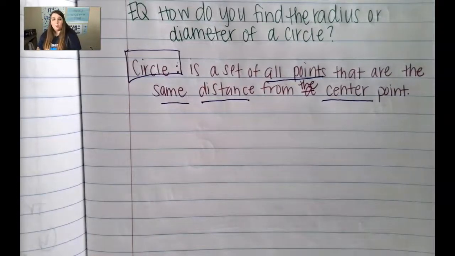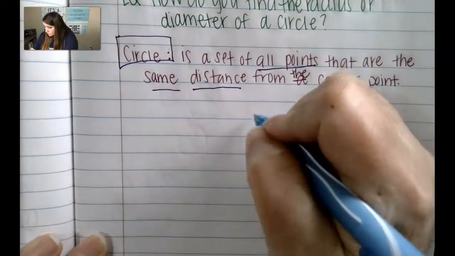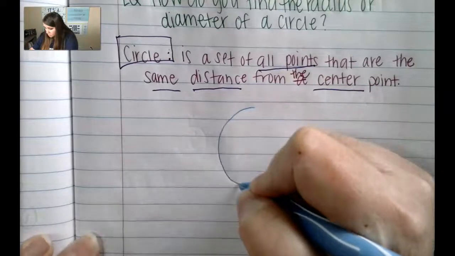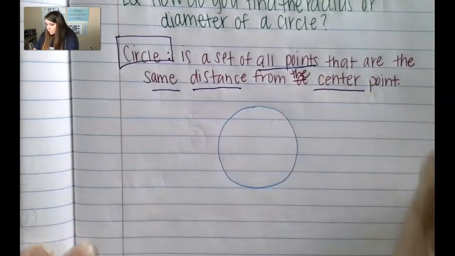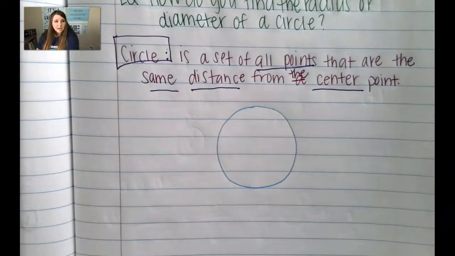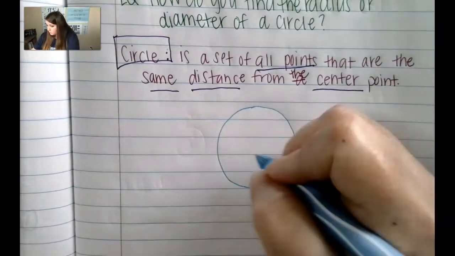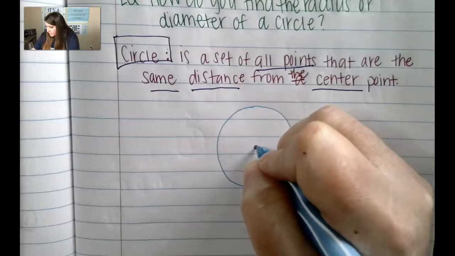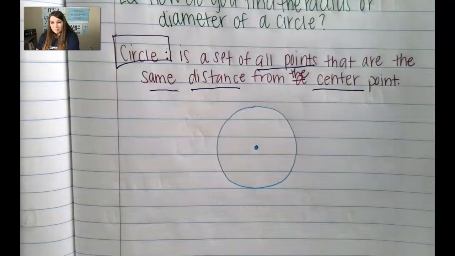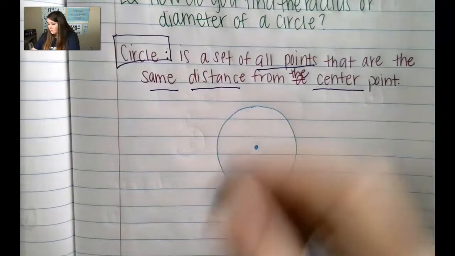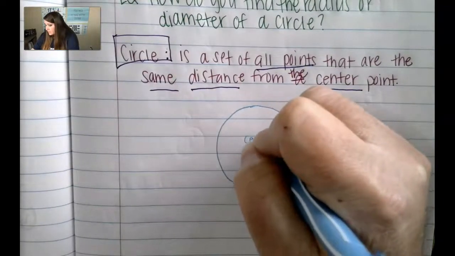Okay, so we have a circle. Let's see if I can actually draw a decent circle. All right, here is our circle. And smack dab in the middle of our circle, we have a dot, kind of like a belly button almost. This point right here in the middle is called the center.